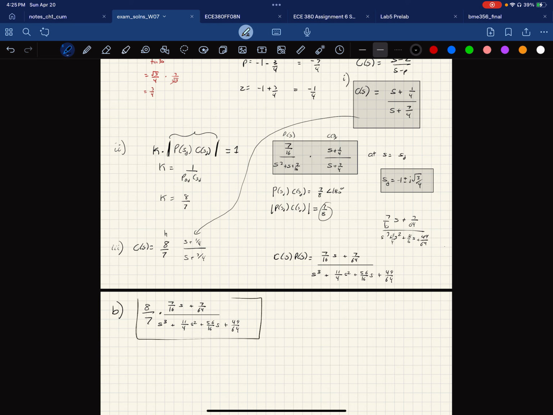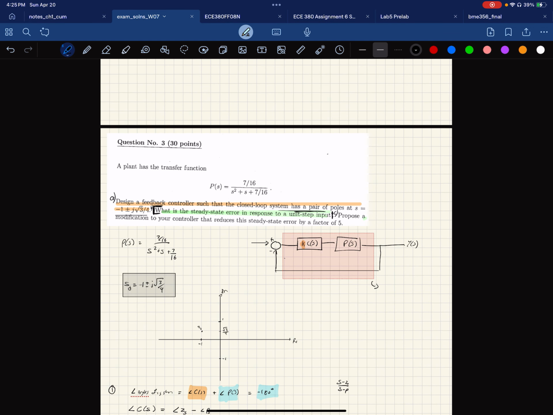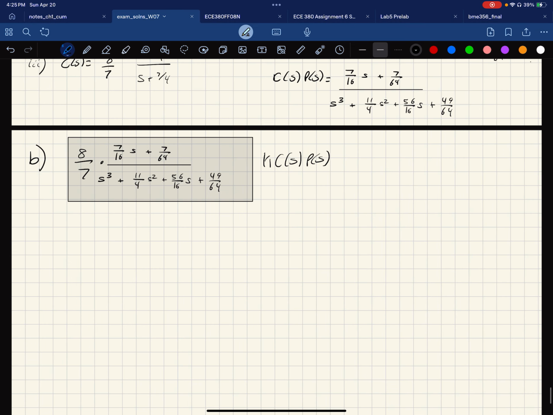So this is my K C(s) P(s). You're asking me what is the steady state error in response to a unit step input?